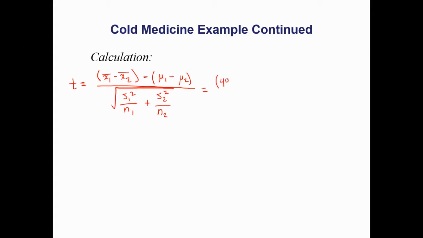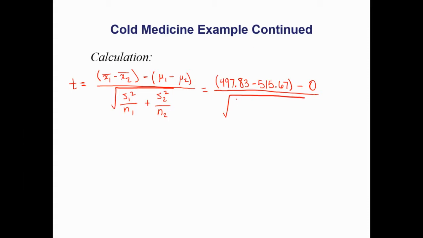I have 497.83 minus 515.67 minus, what's our hypothesized value? 0, over the square root.